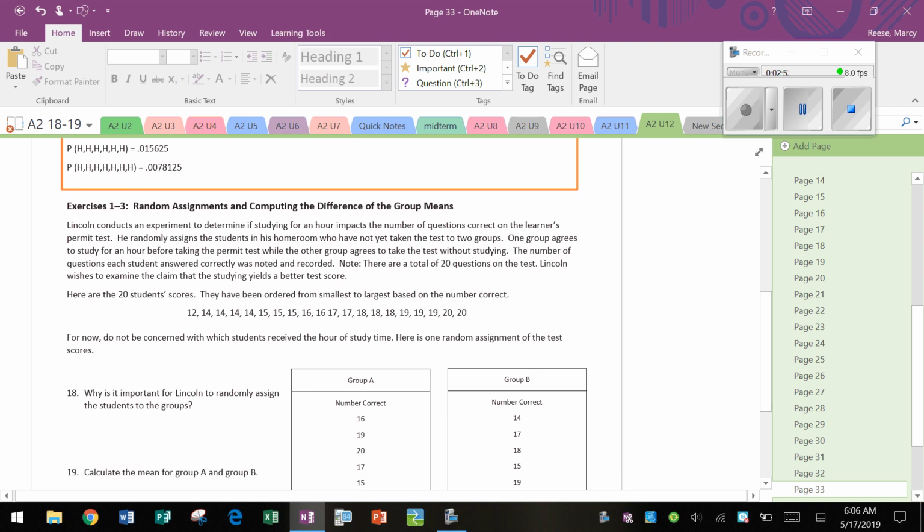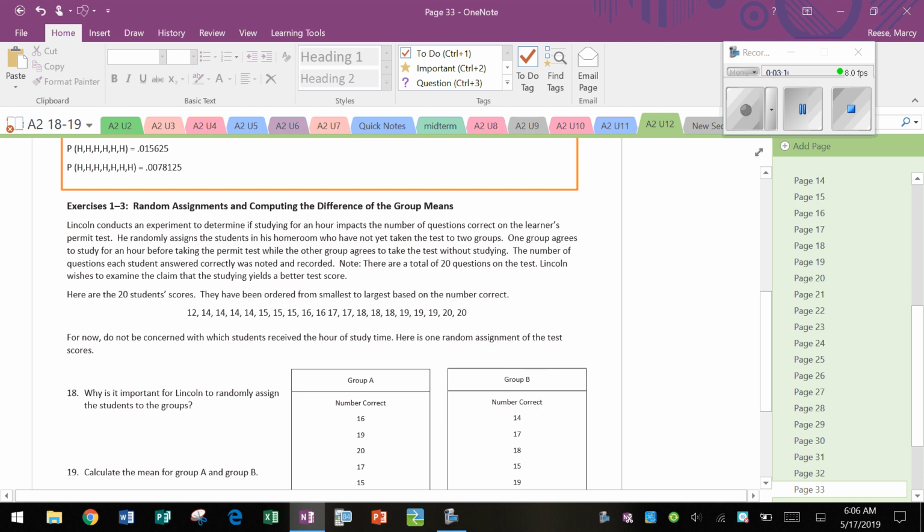All right, so we've got exercise 1 through 3 here. We've got random assignments of computing the differences in the group means. So let's read. Lincoln conducts an experiment to determine if studying for an hour impacts the number of questions correct on the learner's permit test. He randomly assigns the students in his homeroom who have not yet taken the test to 2 groups.